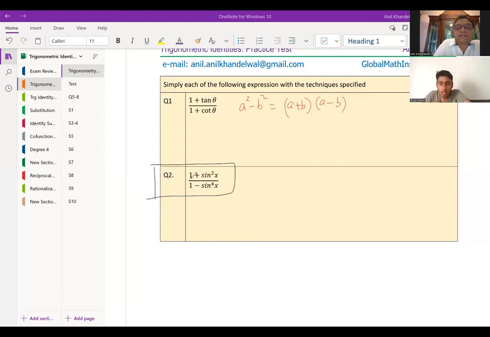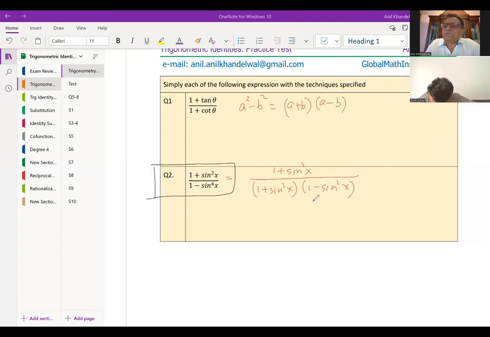So we can see the numerator is 1 plus sine square x. The denominator is 1 minus sine to the power of 4x. So we could write the numerator as 1 plus sine square x, and using the algebraic identity a square minus b square is a plus b times a minus b, I could write 1 minus sine to the power of 4x as 1 plus sine square x times 1 minus sine square x.